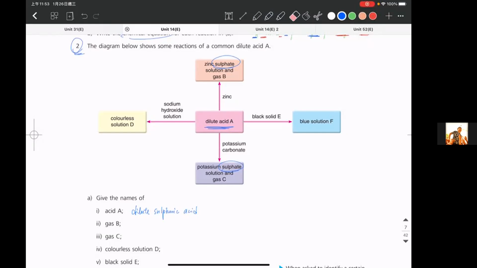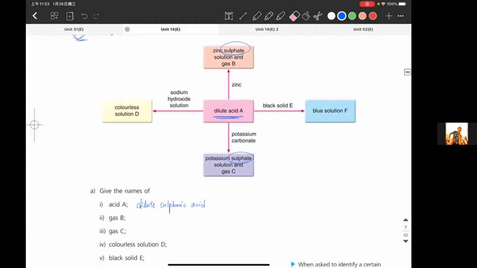Guess B. So what is the reaction? The reaction between zinc metal with dilute sulfuric acid. So besides having zinc sulfate solution to be formed, what is gas B?